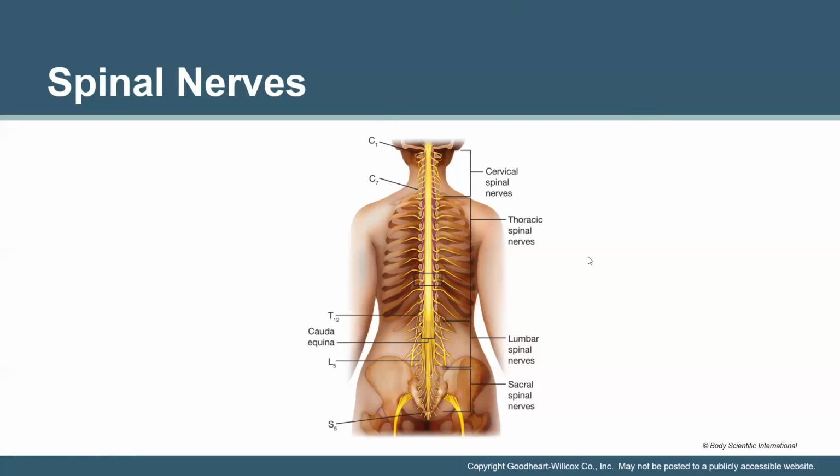You can see where the cord itself tapers right around L1-ish, okay? And then it's going to have these little fibers come off like a horsetail, which is why it's called cauda equini. The fibers will then lead out to different regions of the lower portion of the body.